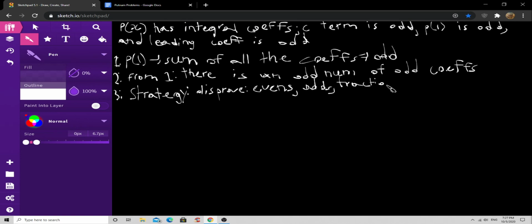Okay. Disprove. So it doesn't matter which order we do it in. I'm just going to go from evens to odds to fractions. Seems like a good way to go.